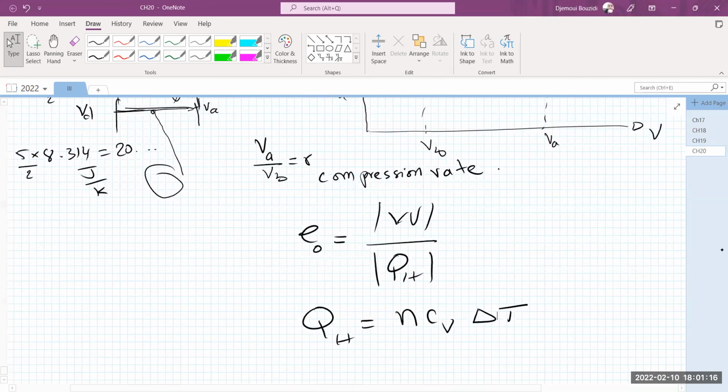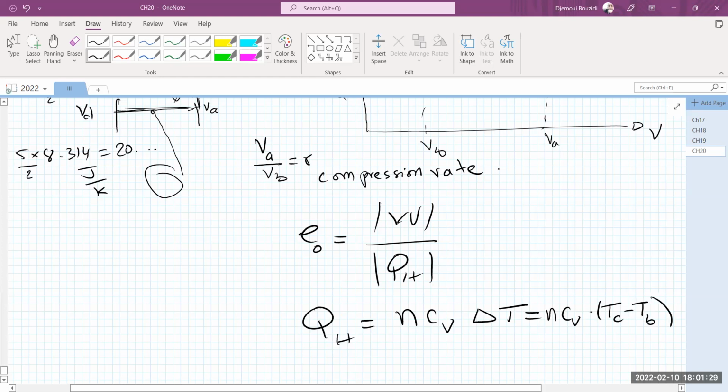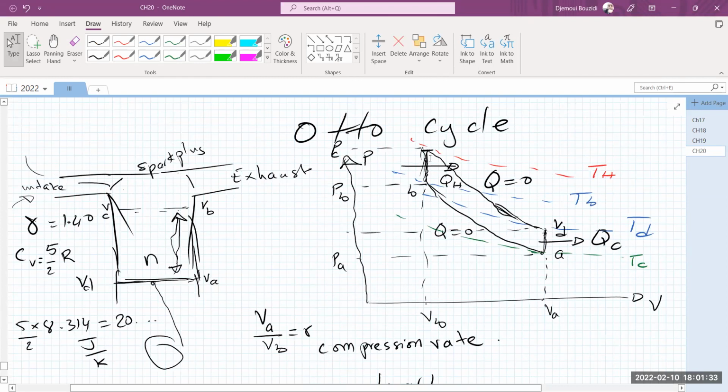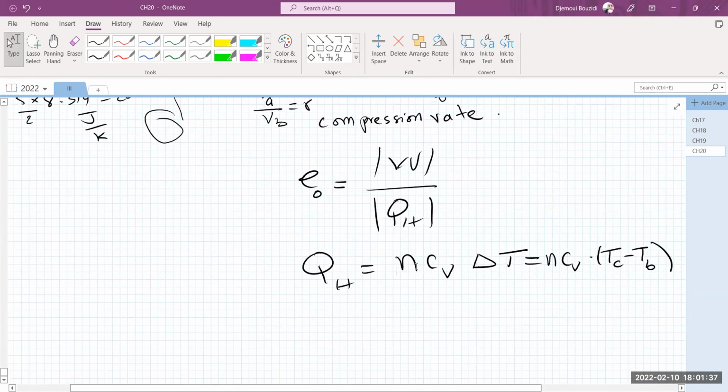Okay, so this can be written as NCV times TC minus TB. The temperature at point C, which is TH, I wrote it in here, minus the temperature at point B, TB.